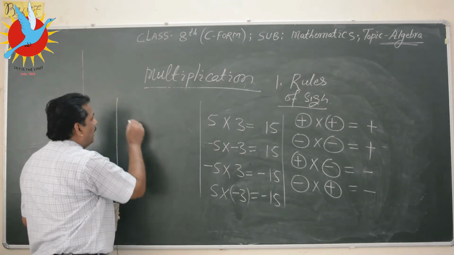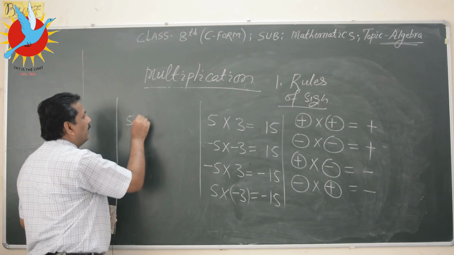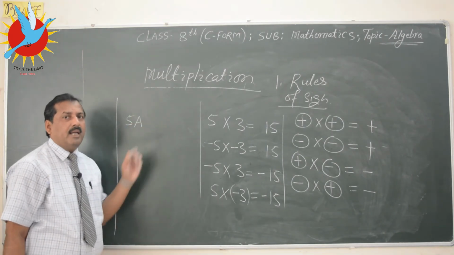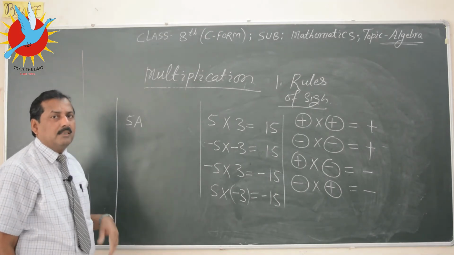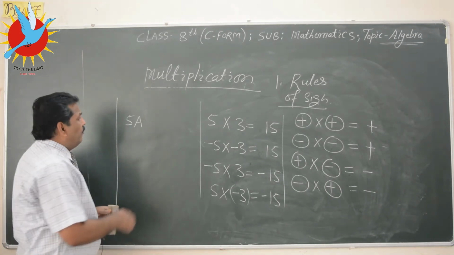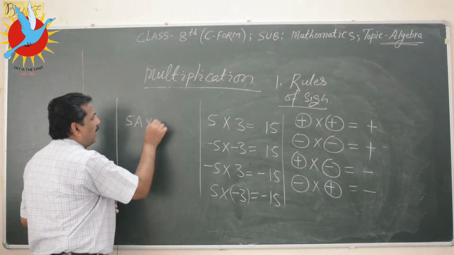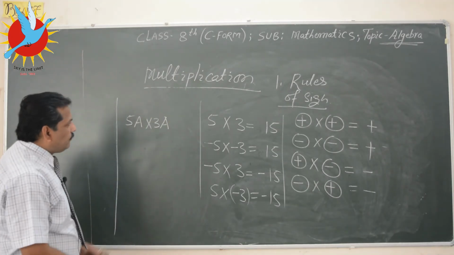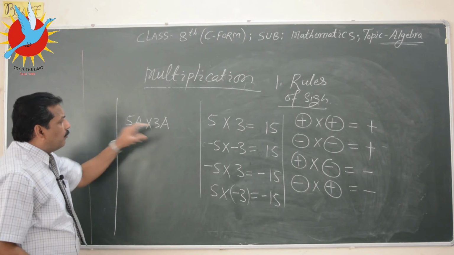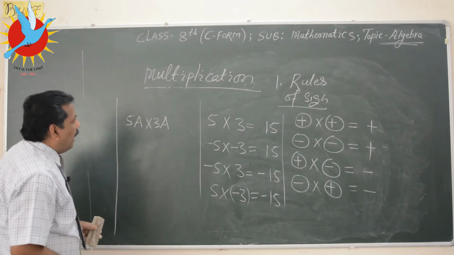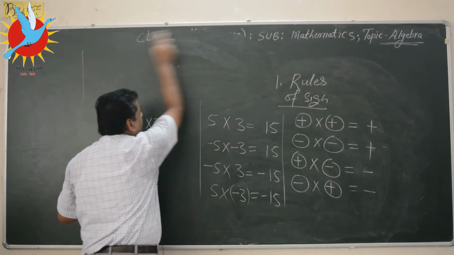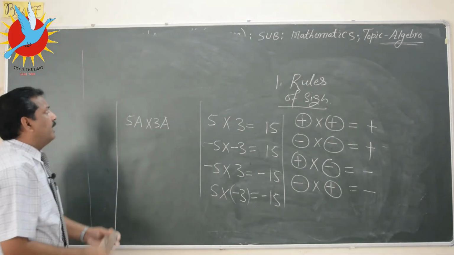In place of 5, let us say 5a. a is a variable. a may be anything, price of pen, price of book, or number of pencils, whatever. So 5a multiplied by 3a. So this is plus and plus. And before that let me again refresh your idea of exponent.